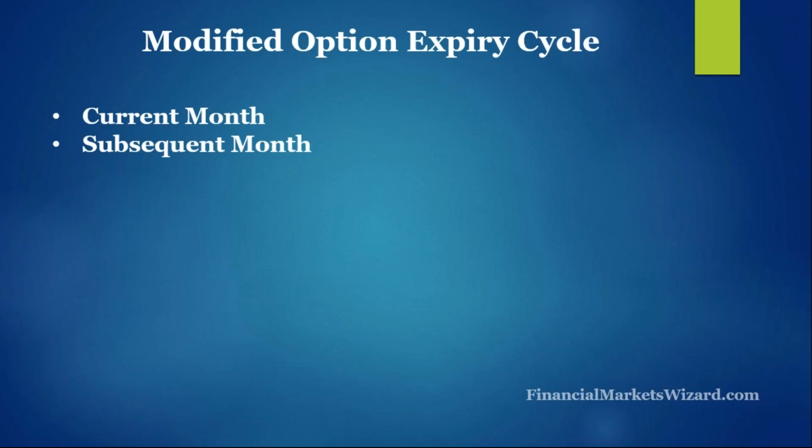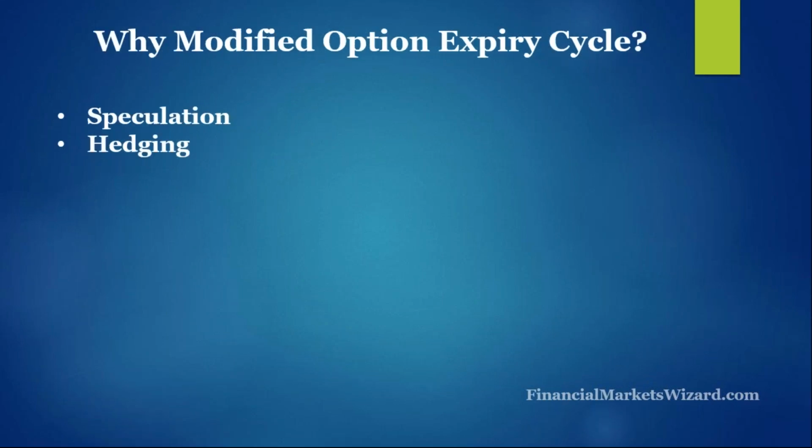And if it's March, then they will pick 2 months from the March cycle, and they will assign these along with the current month and subsequent month. So current month, subsequent month, and 2 months from the cycle. So 4 months all the time. This is the reason for the modified option expiry cycle: speculation and hedging. It will be clear when I give you the examples. I have a lot of examples, so don't worry, things will be clear.